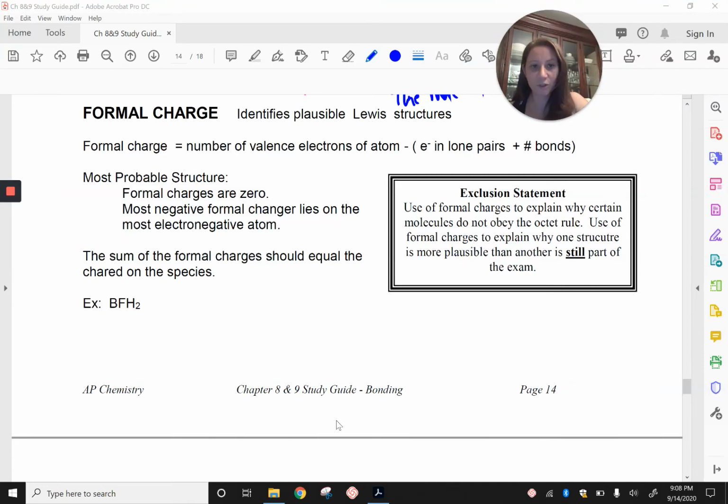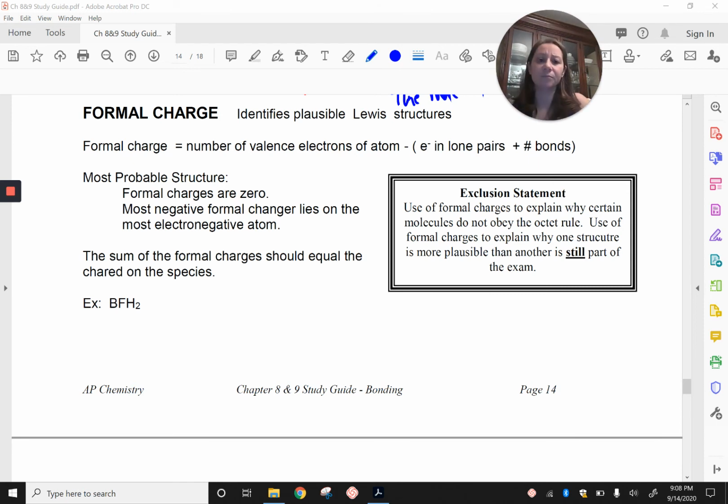We're going to talk about formal charges. Formal charges are basically made-up numbers that we assign to different atoms in different structures in order to identify some plausible Lewis structures. Remember that atoms bond together to form low energy, stable compounds.